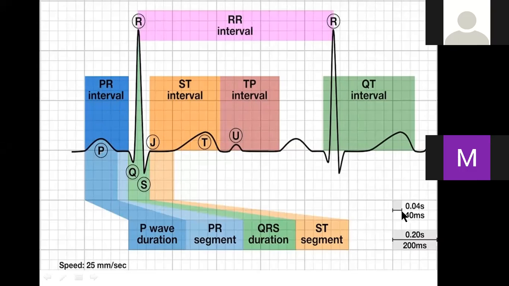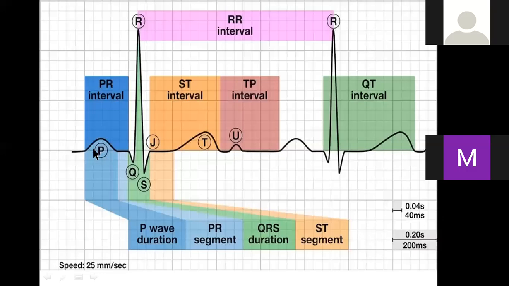And here you can see the calculation of the time: one small box is equal to 0.04 second or 40 millisecond, and one large box is equal to 0.2 second or 200 millisecond. So when you measure the length of any wave, you will describe it in terms of the boxes or the time.